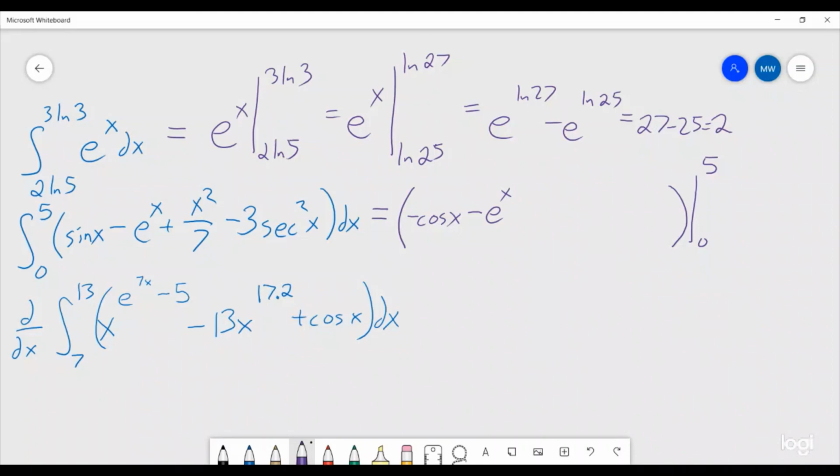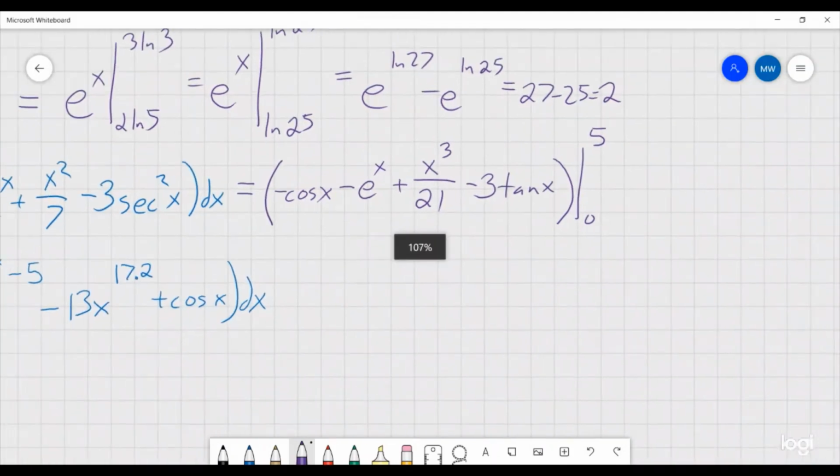X squared, that goes to x cubed over 3 times 7, that's over 21. Antiderivative of secant squared. Well, derivative of tangent is secant squared, so that's going to just be a tangent. And then we evaluate that between 5 and 0.